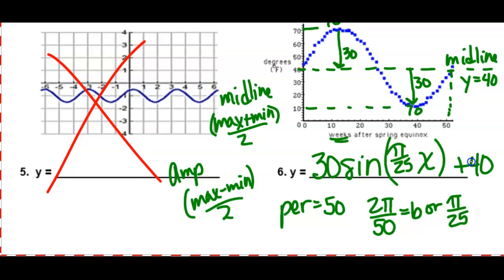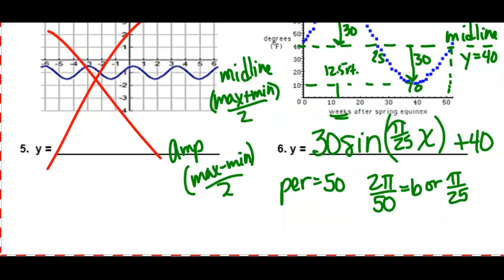All right, if we had done it as a cosine, we would have had to say it shifted to the right. Actually, let's see, halfway to 50 would be 25, and we'd have to say that this shifted to the right at 12.5. I think it would be much easier to do that one as a sine.